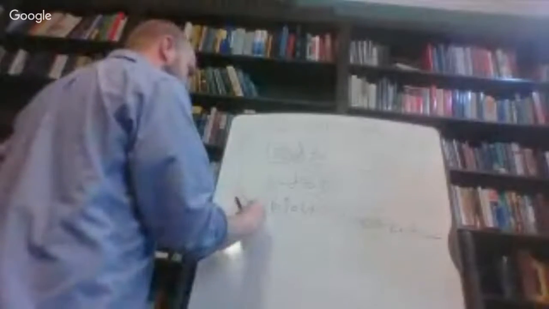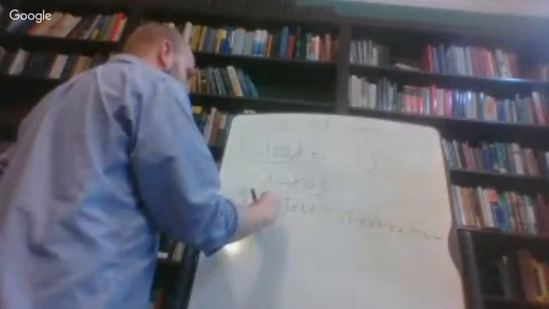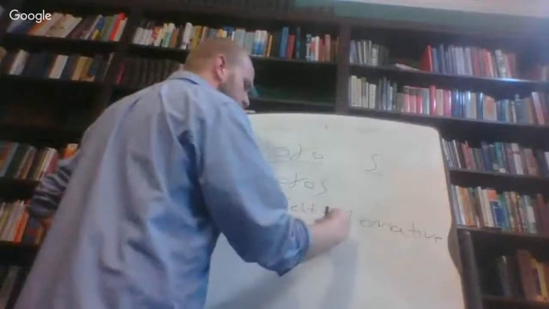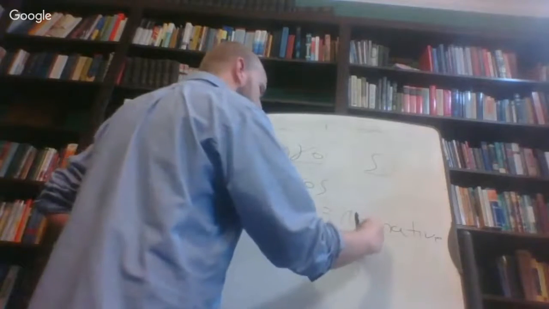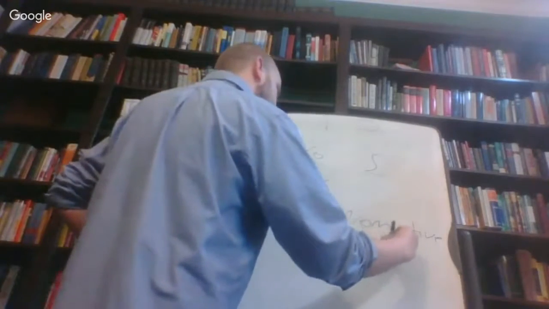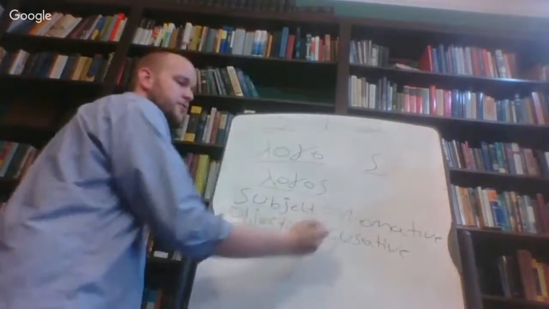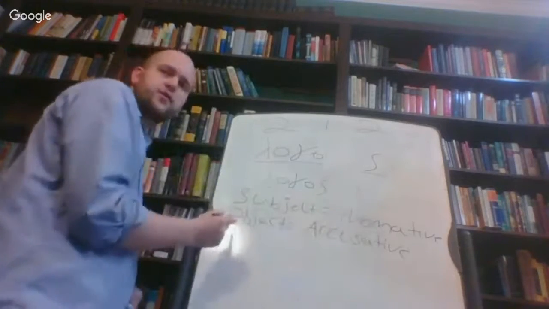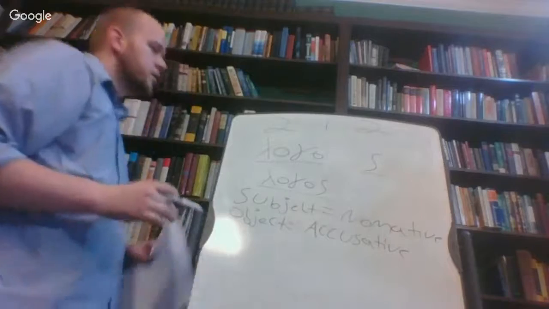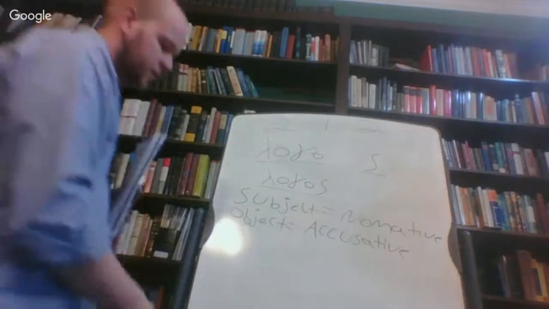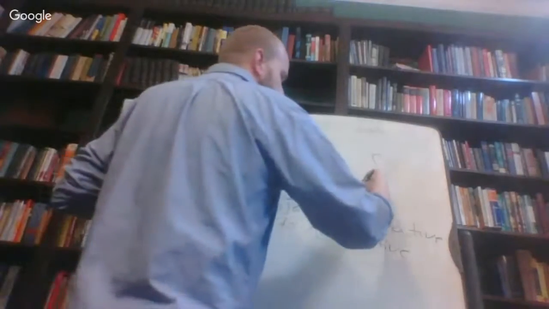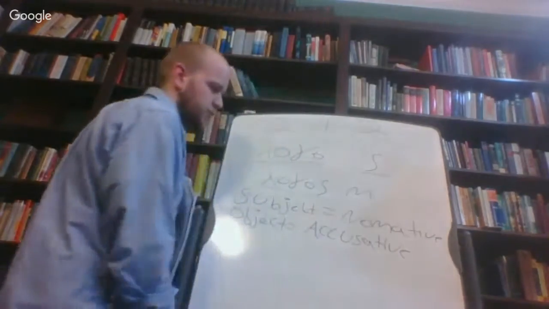Object, or objective, just go object, equals accusative. We're going to adopt this language now. So the nominative is the subject, and the accusative is the object. The lexical form of the word will always be the nominative singular form of the word.